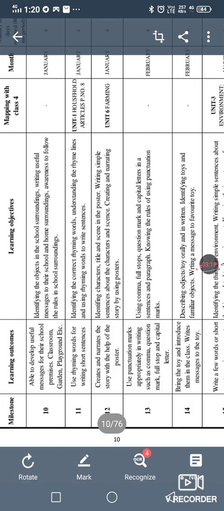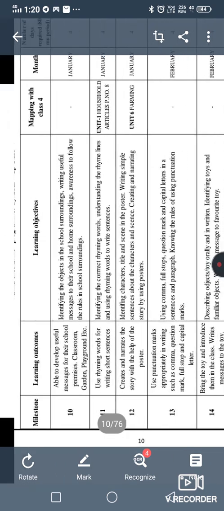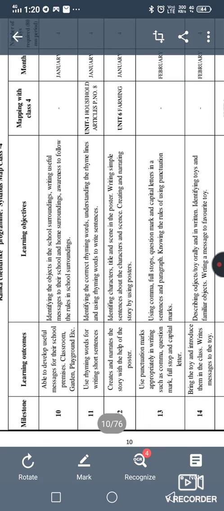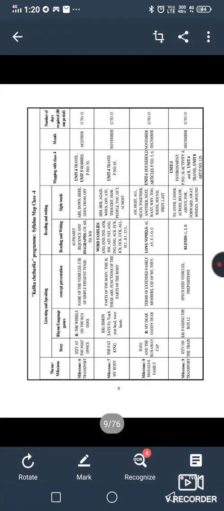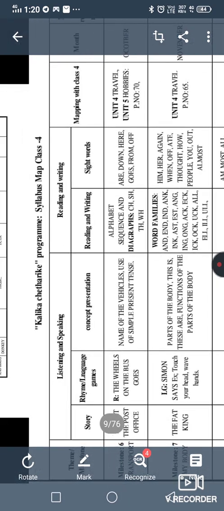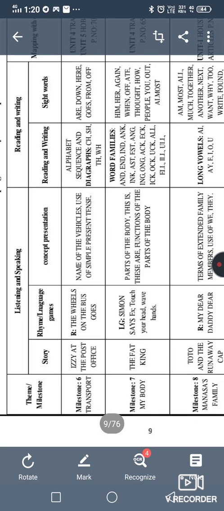Here the columns change from milestone 10 to milestone 15. These milestones are taken from FLN or Nipun Bharat. In these milestones learning outcomes are given, but when we go back to milestones 1 to 9, there are columns for listening, speaking, reading and writing, and milestone names.